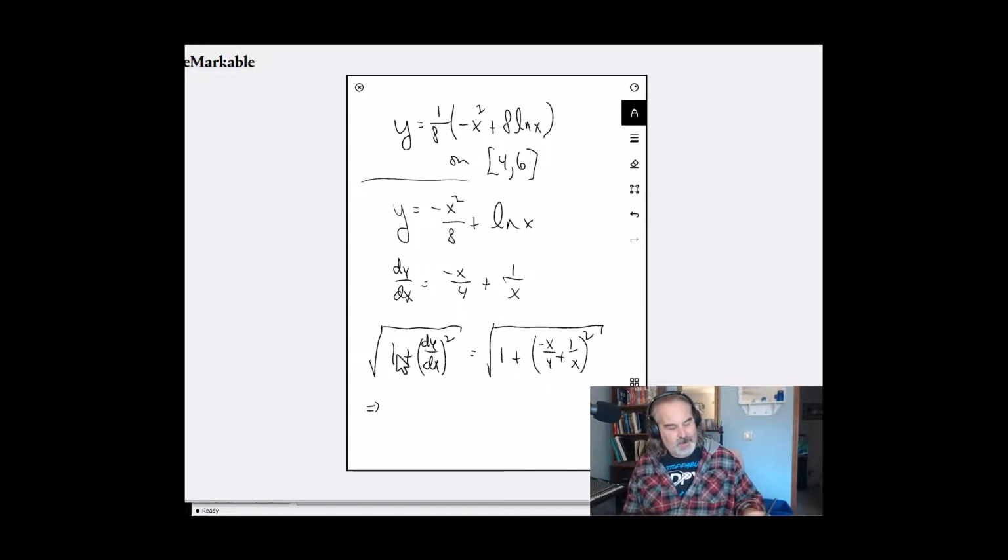And so the arc length altogether is going to be the integral from 4 to 6. Ugh, that's awful. Let me erase that. Square root of 1 plus dy over dx, closed my parentheses too soon, squared dx.